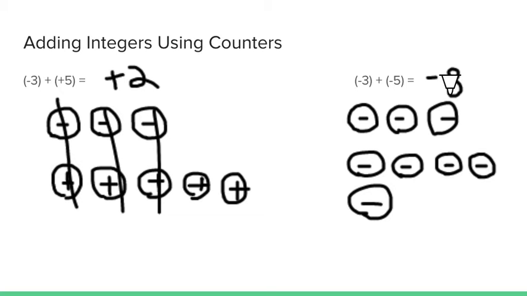Once again, pretty straightforward. The main thing to remember is once you've drawn all of your counters, if you have both positive and negative integers, you're going to have to make matching pairs of positives and negatives and cancel them out. And whatever you're left with at the end, that is your answer.